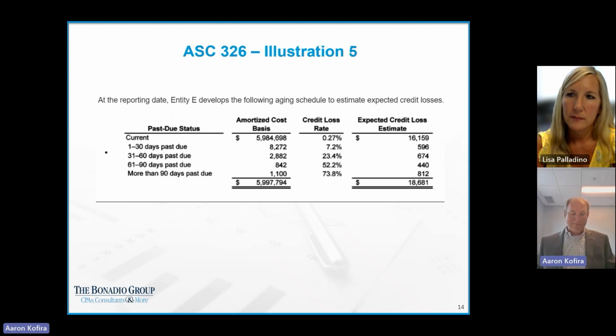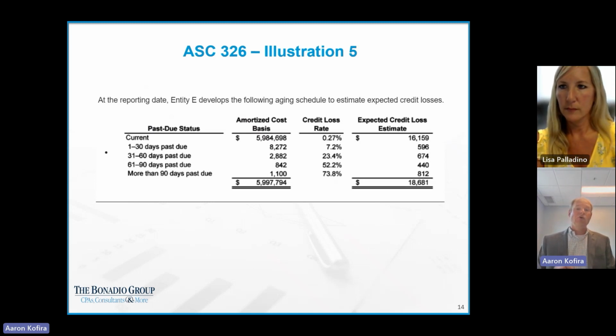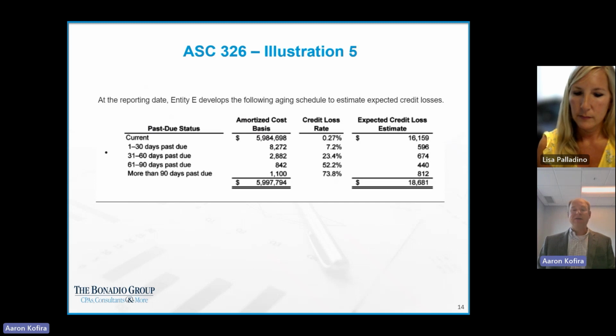A couple of things with regards to this. If you are doing it on January 1 and this is the analysis that you go through, that's your day one impact. If you do an analysis subsequently on a quarterly basis, you would adjust your credit loss allowance to get to that 18,681. So ultimately, there will be an impact in your P&L.